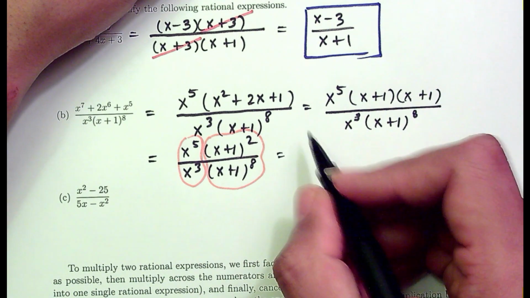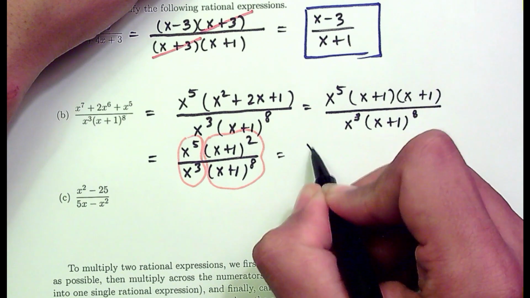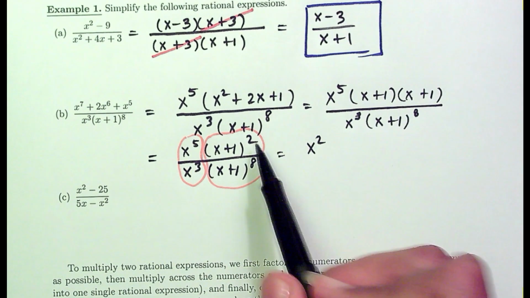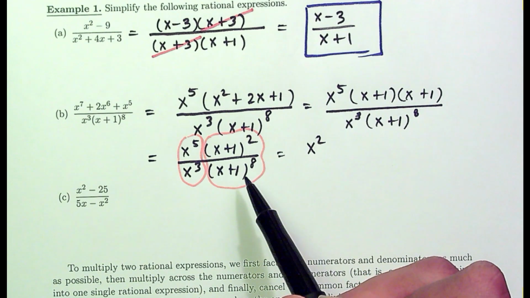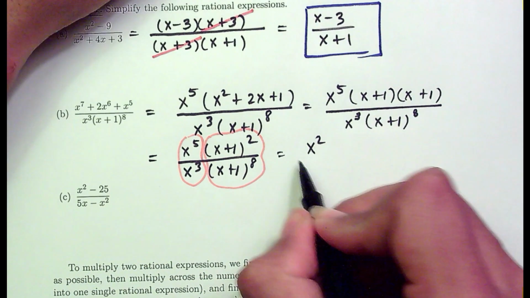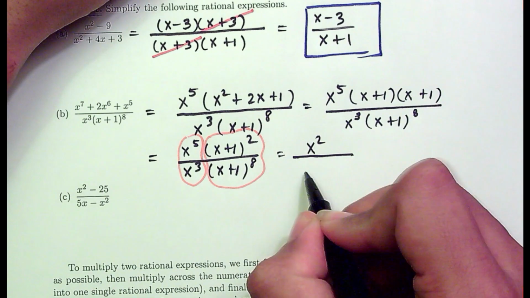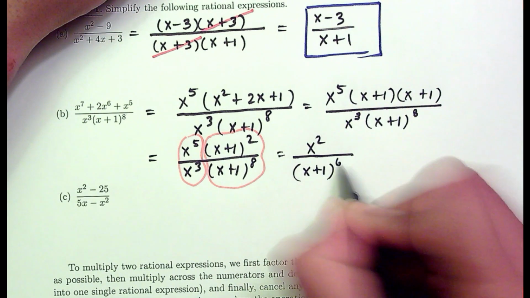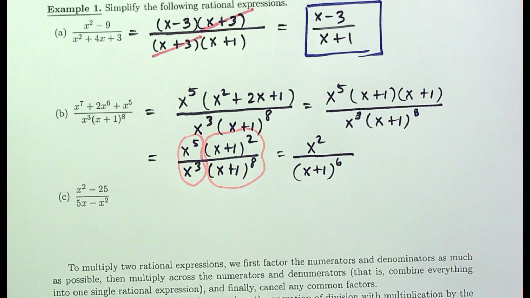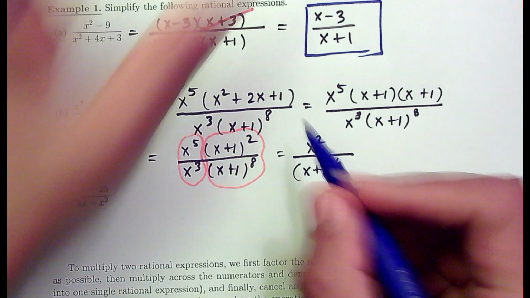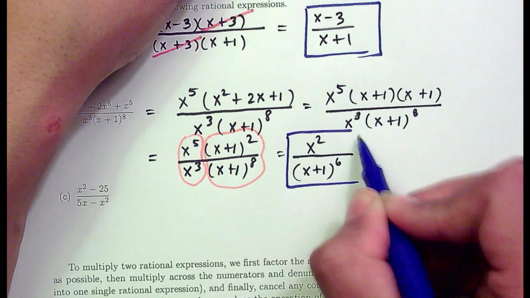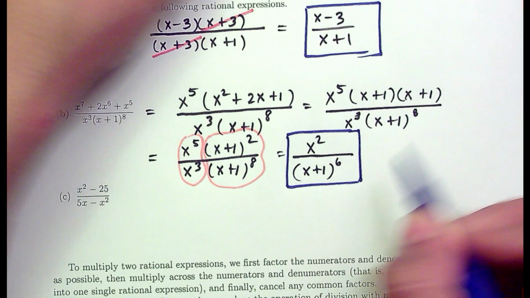The fact that it's positive means it's on top, x squared. And then subtract these exponents, 2 minus 8, that's negative 6. The fact that it's negative means it's on the bottom. So this is going to be x squared over (x plus 1) to the 6th. And that is the answer.